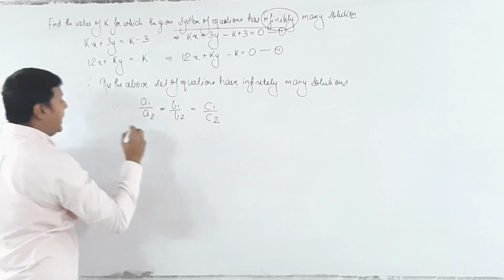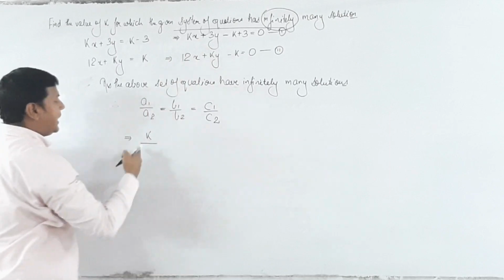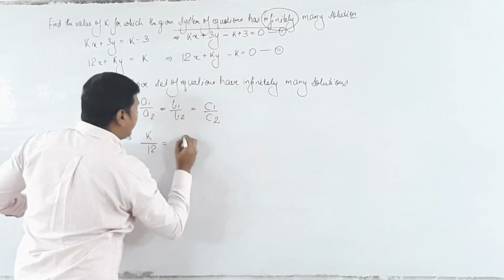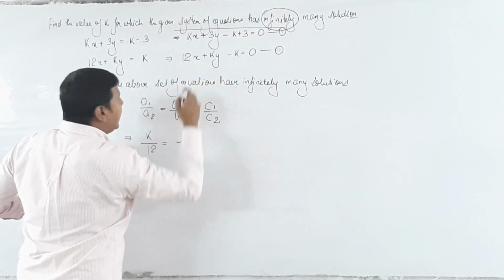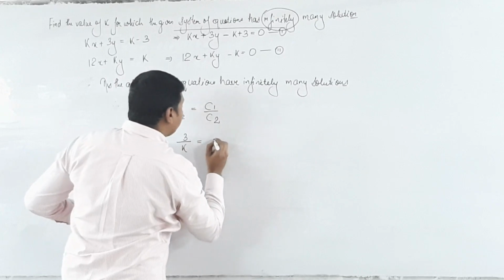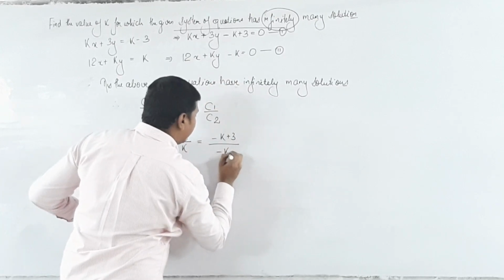So a1 is the coefficient of x in first equation, so it's k, a2 is 12, b1 is 3, b2 is k, c1 is minus (k plus 3) and c2 is minus k.